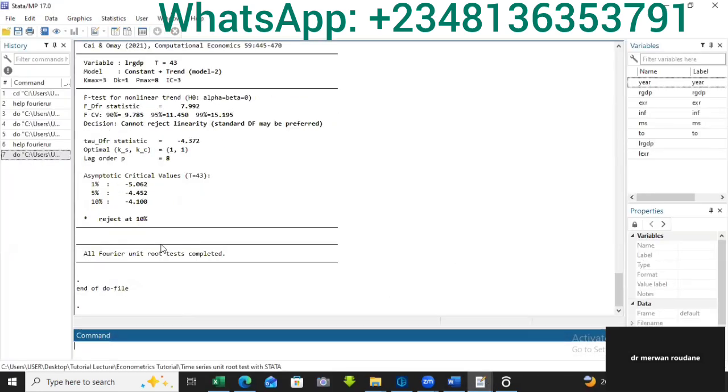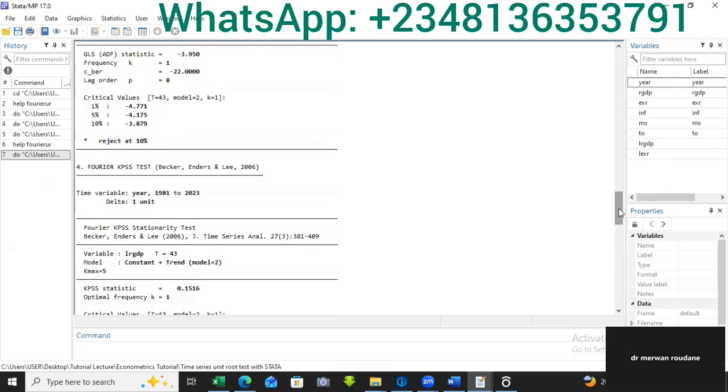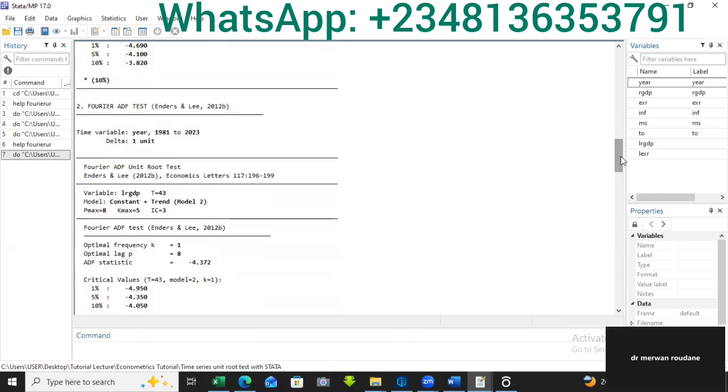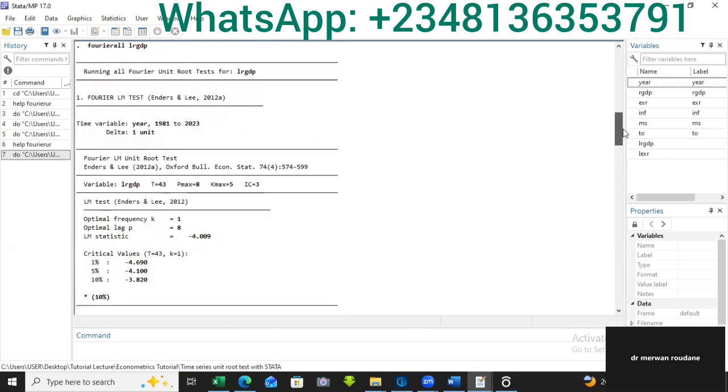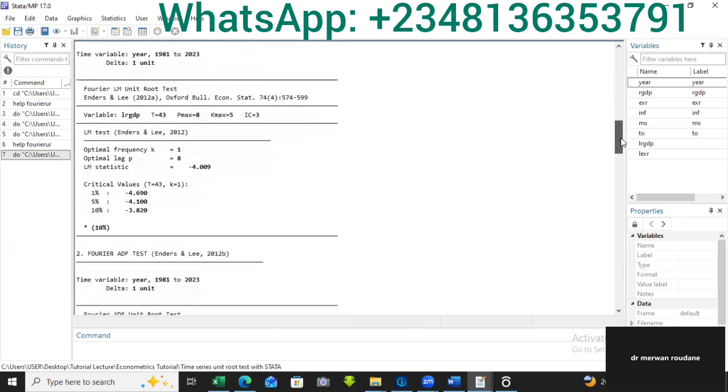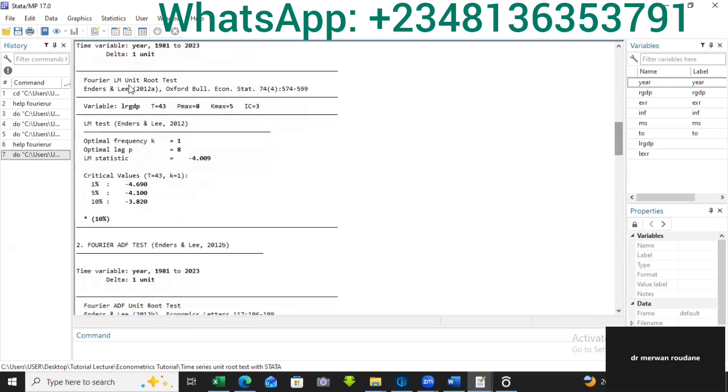So all Fourier unit root tests completed. Let me start with the first one here. The first one is the Fourier LM test. So what I'm going to check here, this LM is 4.009.